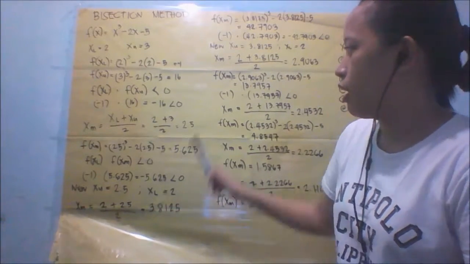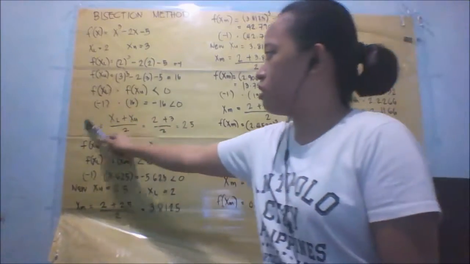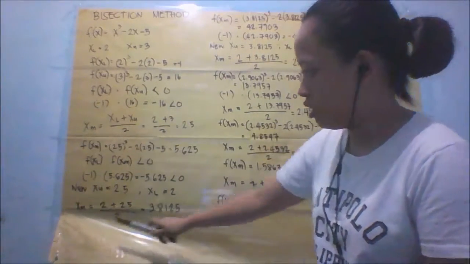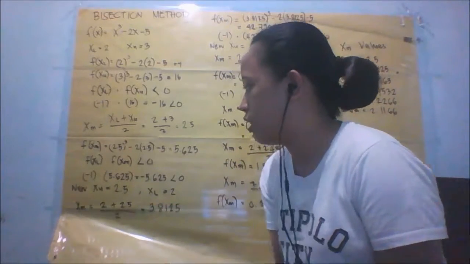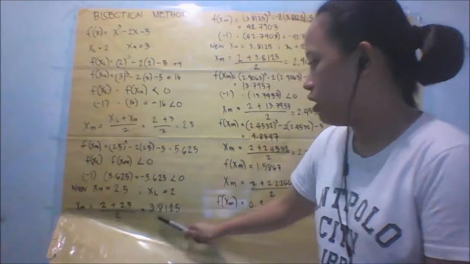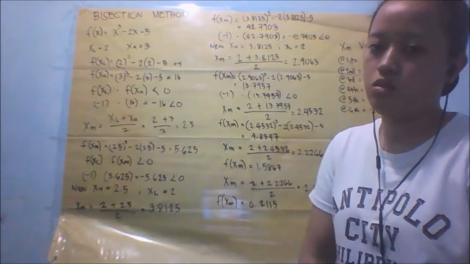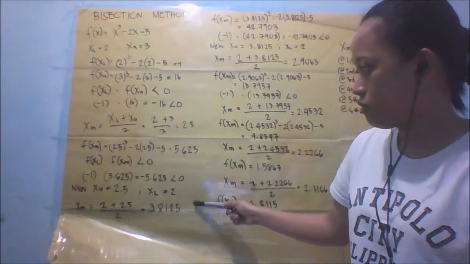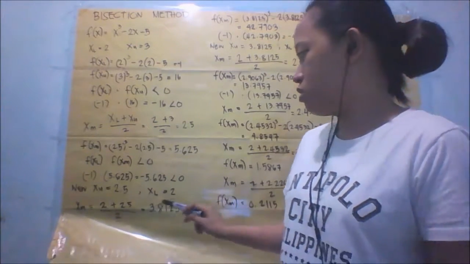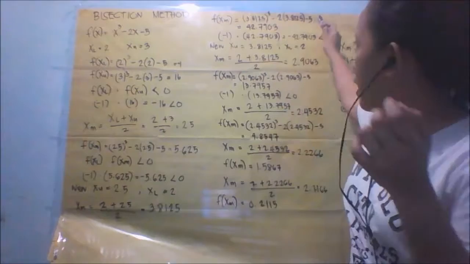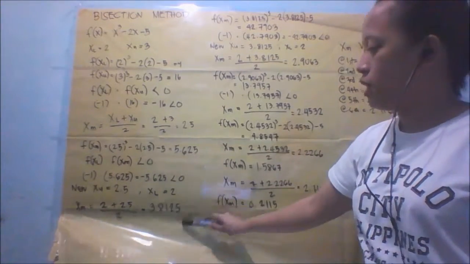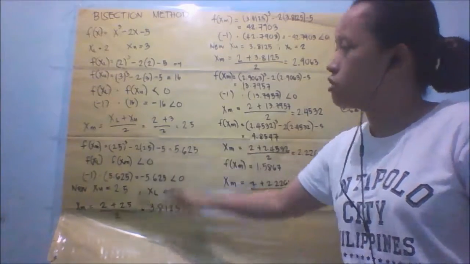So like what we did here for our xm, do the same here. You can get your new xm, which is 2 plus 2.5 over 2, which is 3.8125. You have to get your f of xm again, by substituting this value in our function.